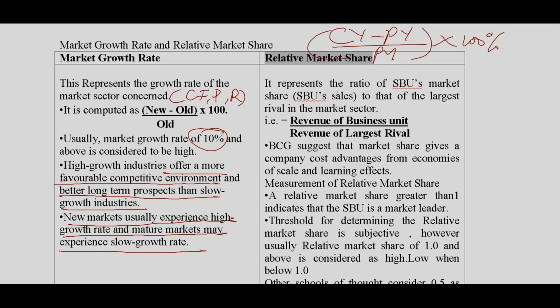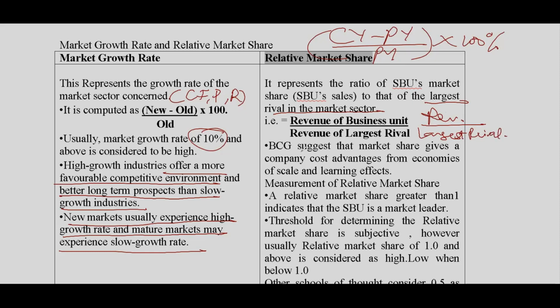Now, relative market share has to do with what percentage of the market you are capturing. It is the ratio of that strategic business unit's sales to that of the largest rival in the market sector. To calculate this, you take the revenue of your current business unit over the revenue of the largest rival in the market, and that gives you your relative market share.